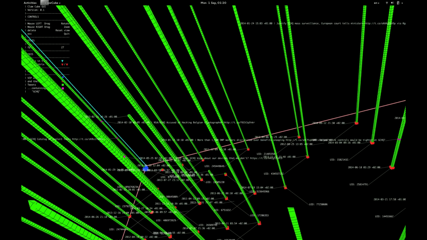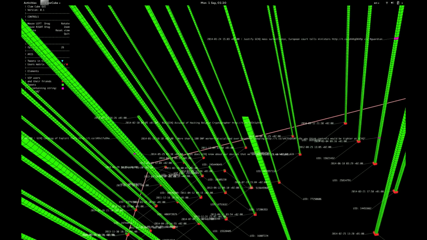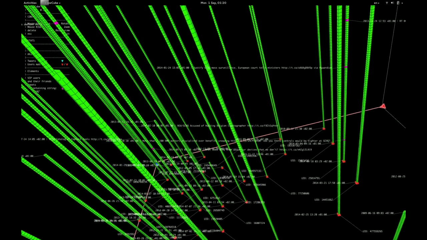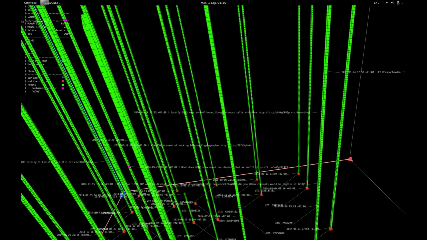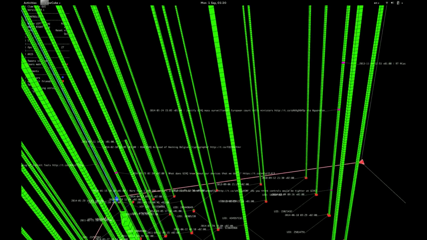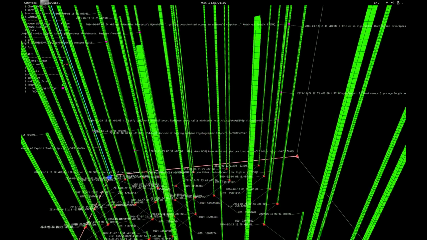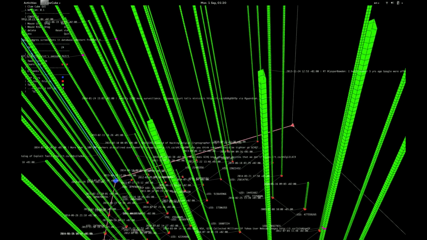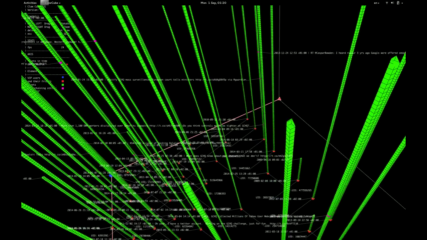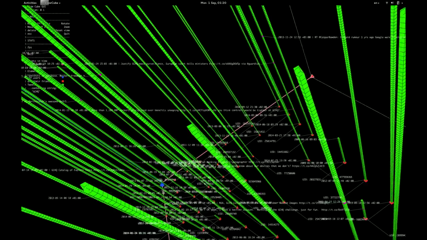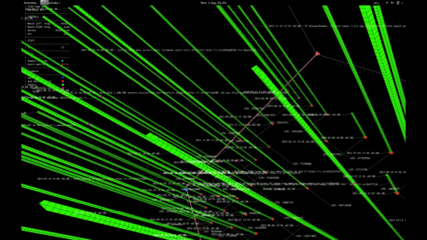What I would like to add is incremental updating, so one would be able to watch this visualization and see tweets being added in time. So this whole structure would grow in front of one's eyes.